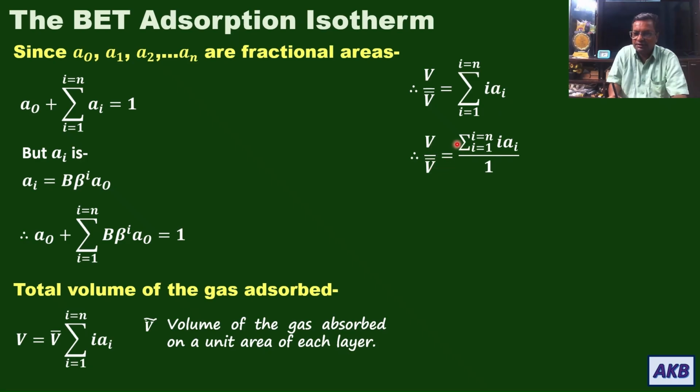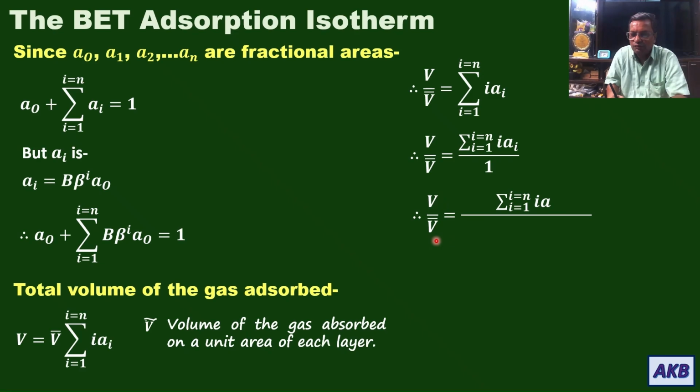V upon V bar is equal to summation of I into AI when I goes from 1 to N divided by 1. The denominator, the term on the right hand side of this equation, is 1. And in the next step, I will be replacing 1 with this equation, because that is also equal to 1.